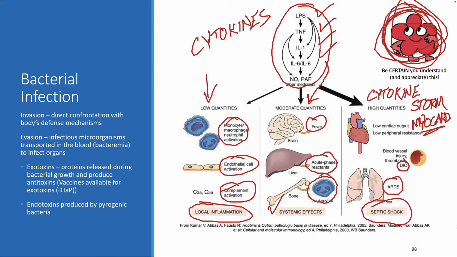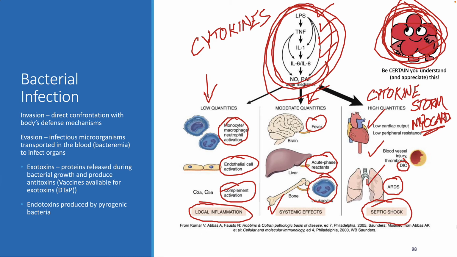So the cytokine overactivity, when this stuff gets going in major ways systemically throughout the body in an uncontrolled way, such as happens in COVID-19 pneumonia, we can have the cytokine storm that results in all sorts of badness. Myocarditis, DIC, injury to the vessels, ARDS, septic shock.